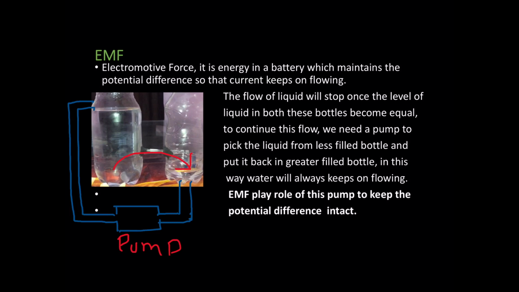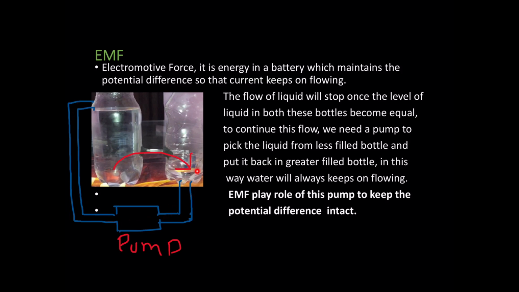Now if you want this flow to never stop, what should we do? In that case, we should have some external agency doing some work. So here we can connect a pump to this bottle. A pump is a device which can pick the water from the lower level and pump it to the higher level.